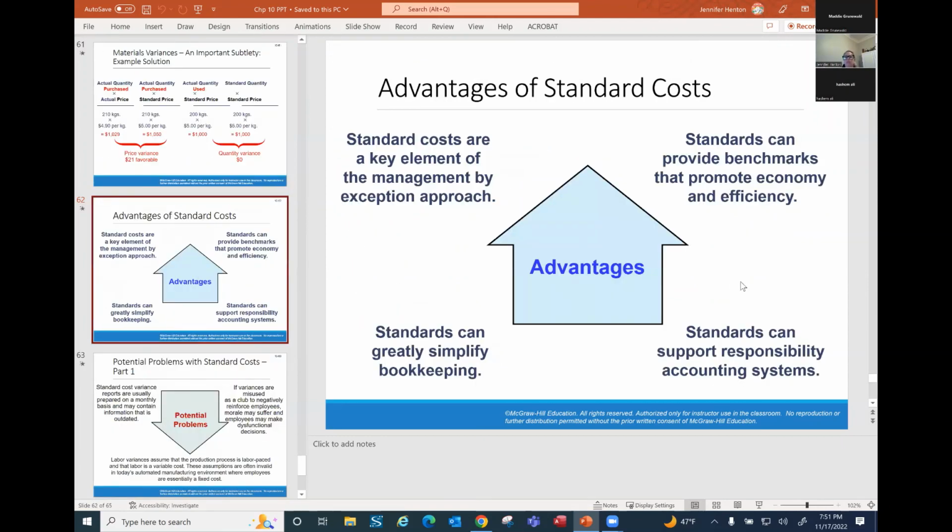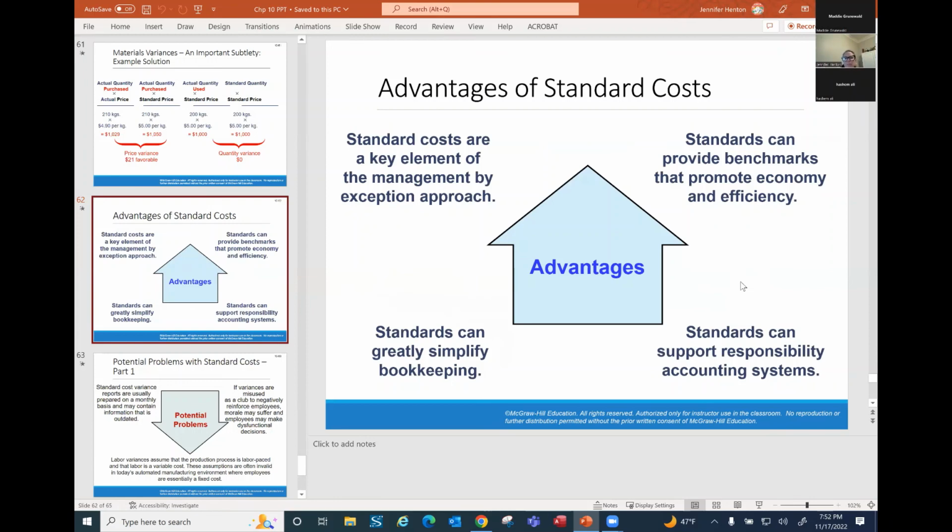All right, so what are some advantages of standard cost? It says that standard costs are a key element of the management by exception approach, and the standards can provide benchmarks that promote economy and efficiency. Standards can greatly simplify bookkeeping, and standards can support responsibility accounting systems.